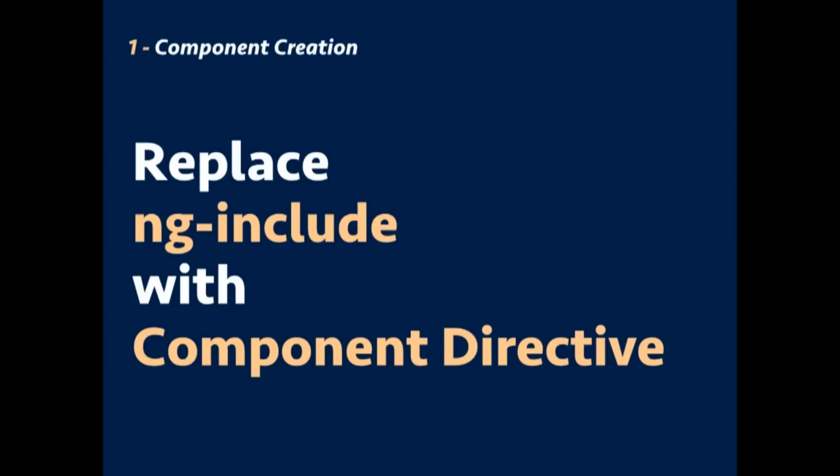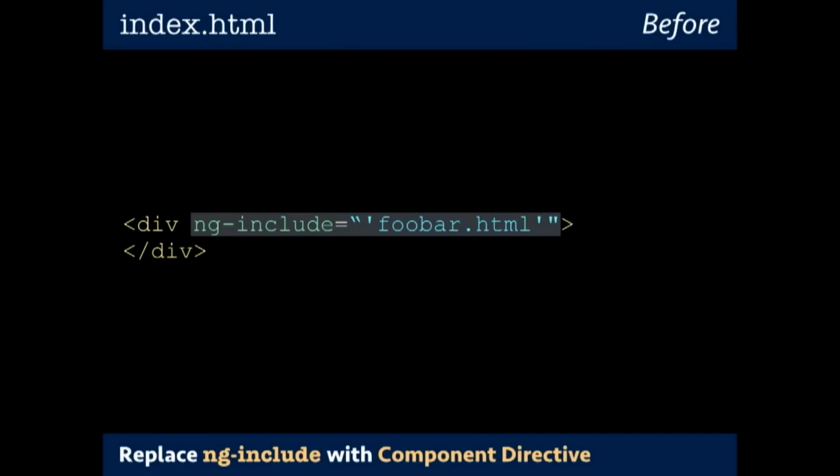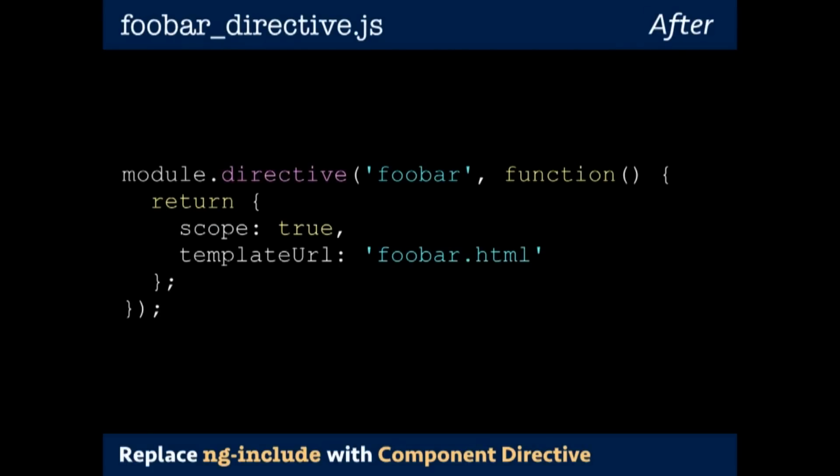So what you can do now is take those ng includes and replace them with component directives. So, for example, if you have somewhere in your templates a div that has an ng include that is pulling in some template, what you can do is create a new directive whose name is somehow based on the template name.